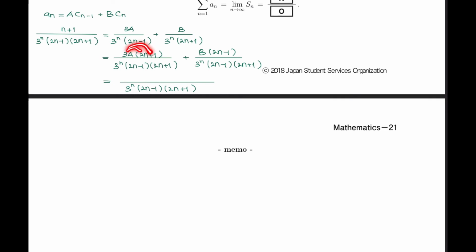Just distribute 3A into the bracket. I will get 6An plus 3A, and distribute B into the bracket, plus 2Bn minus B. It should be equal to this.